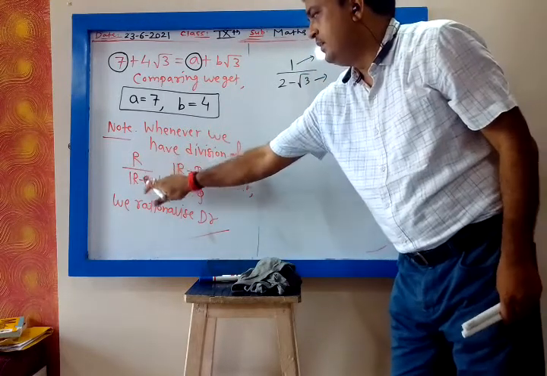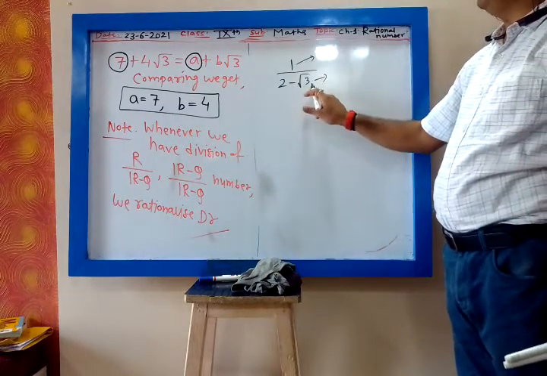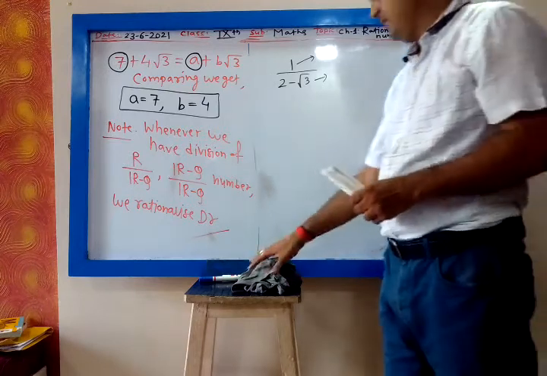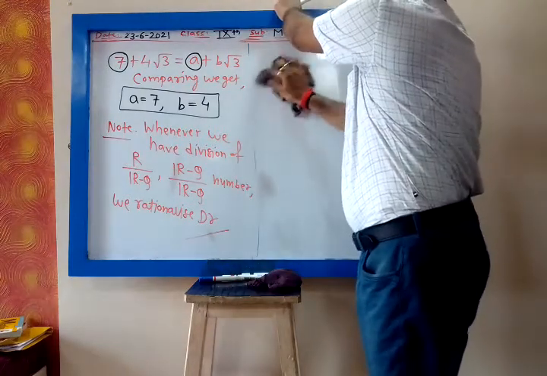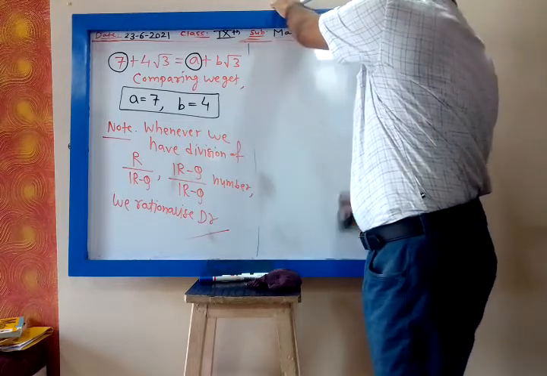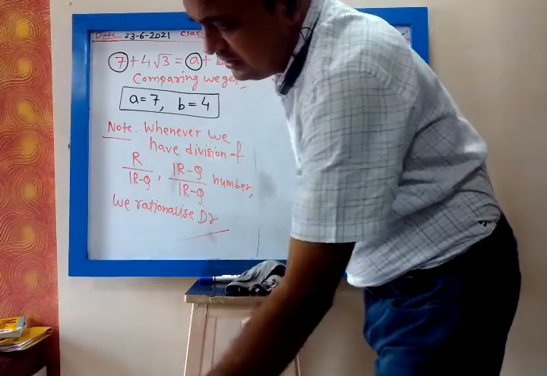This type: rational upon irrational. 1 is rational, 2 minus root 3 is irrational. So the working method will be rationalize the denominator. That's all. So whenever you have division of two numbers, one rational and the other irrational, the working method will be rationalize the denominator.